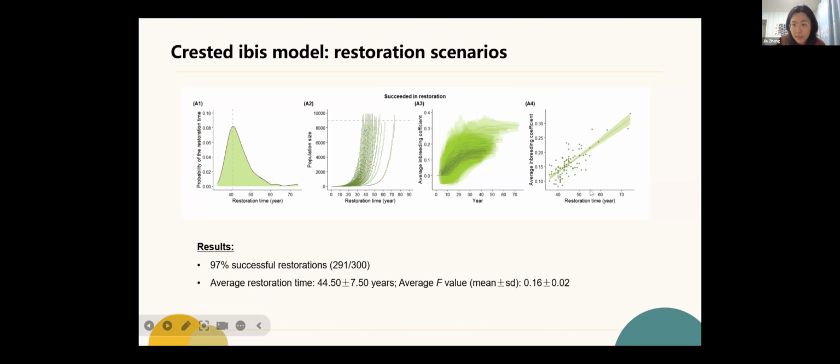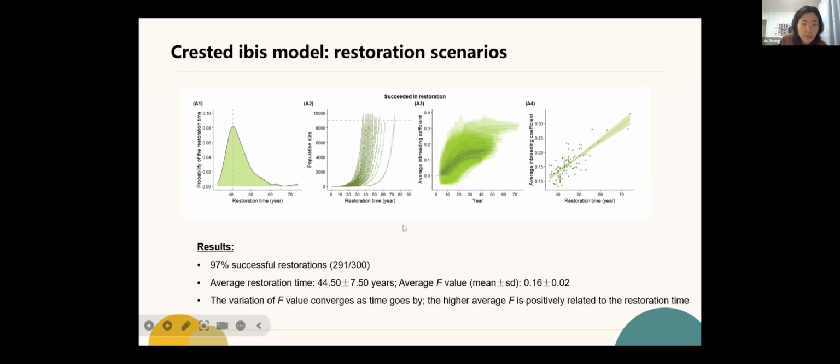So if the simulation spent more time in restoration, then the final average inbreeding coefficients will also be higher. Okay, and then we compare the theoretical results with the empirical results. So this is the empirical record. The crested ibis spent 41 years to recover to 9,000 individuals.